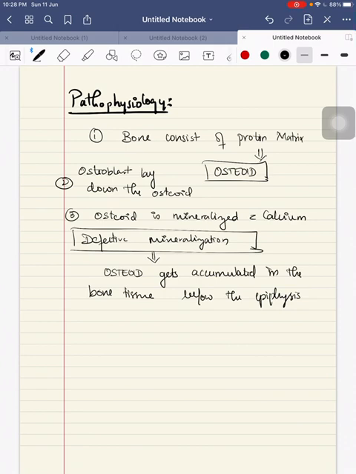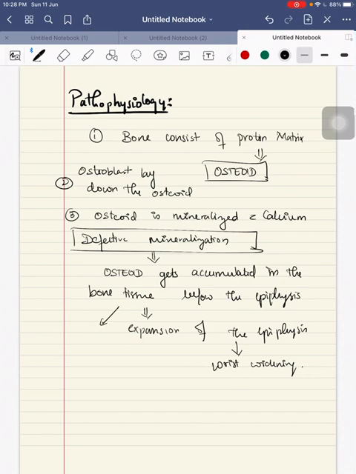This leads to the expansion of the epiphysis at the growth plates, which we see as wrist widening.